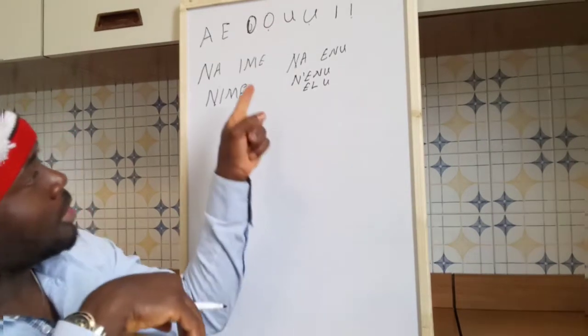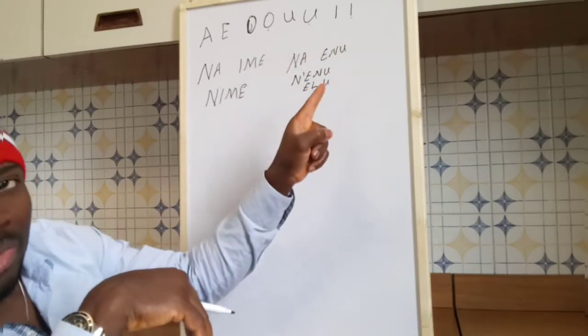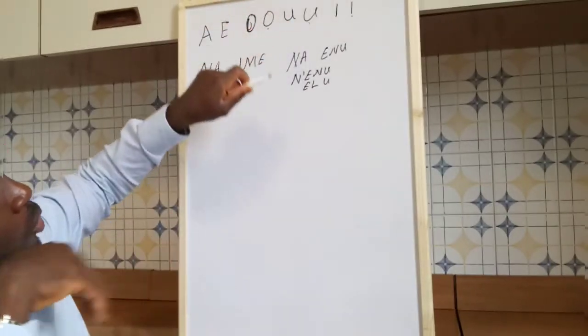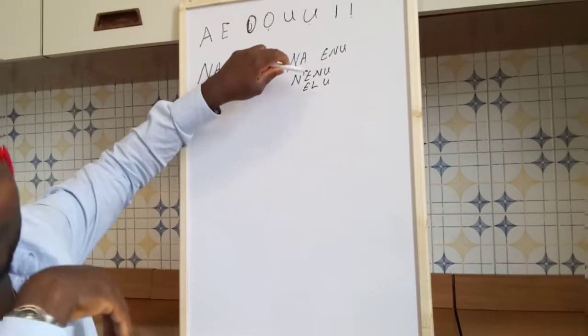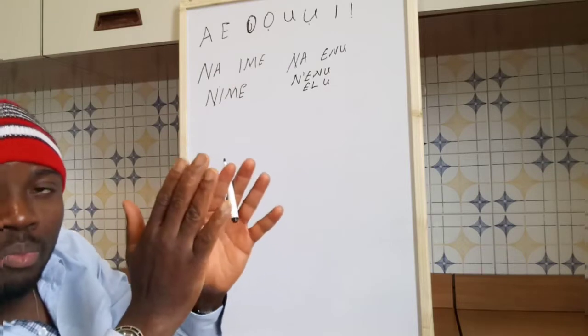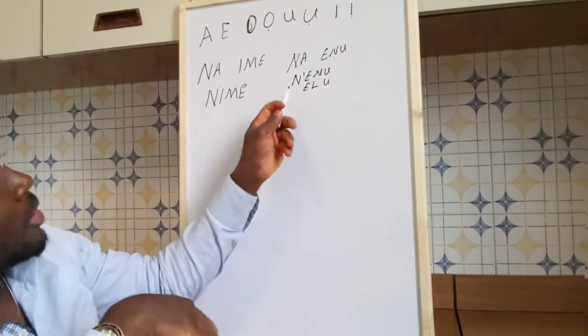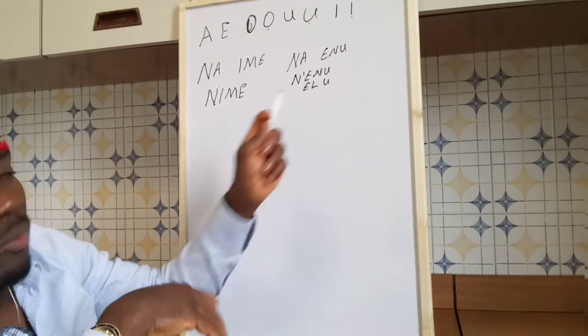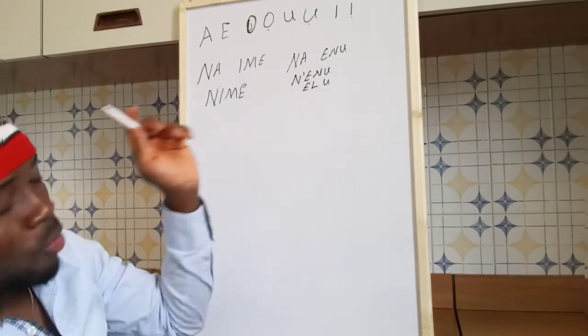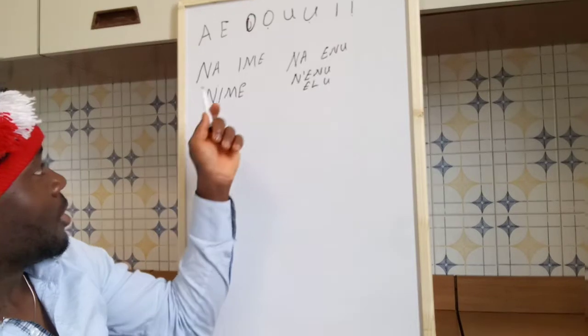So this na enu, if you write it this way, is correct as well, but the way to shorten it and make it more understandable and make it one word is nenu or nelu. You bring it together. You remove this A. Why do you remove the A?